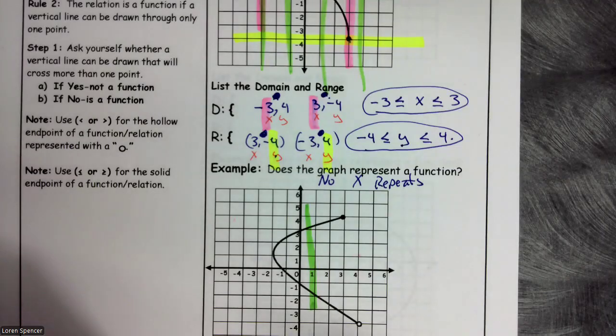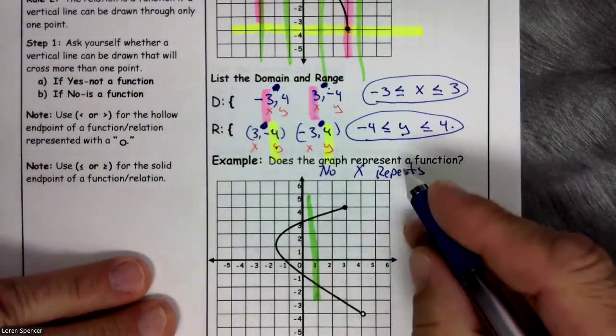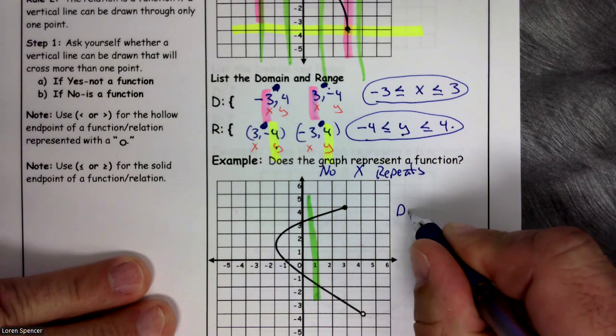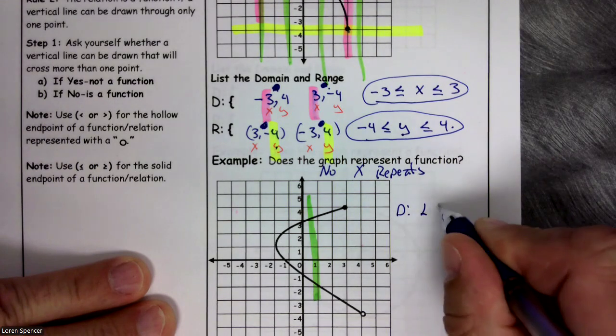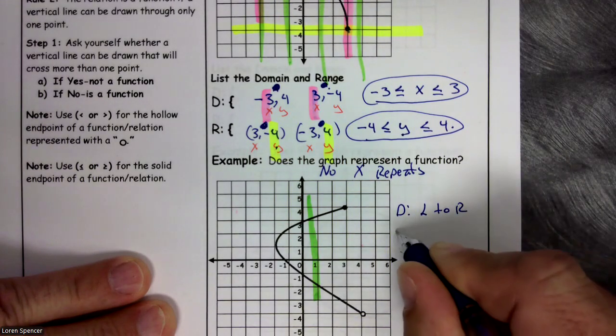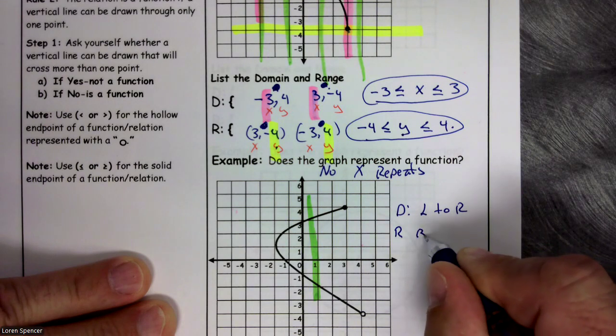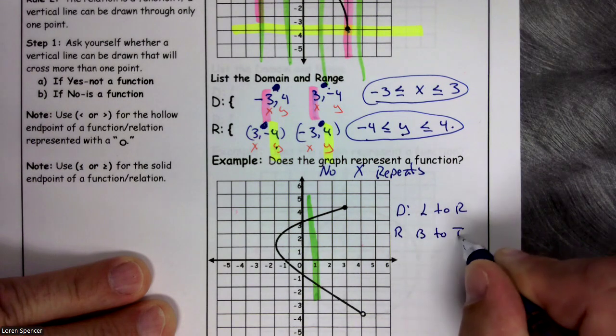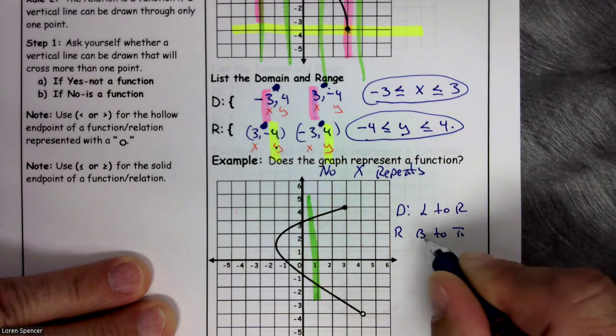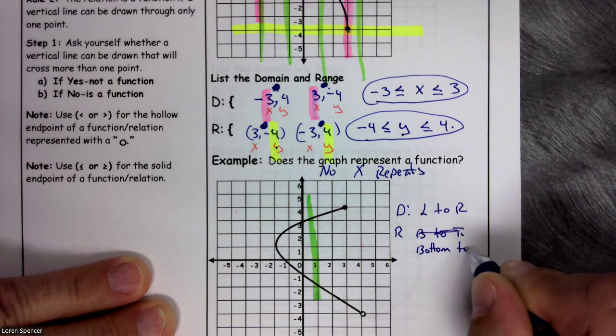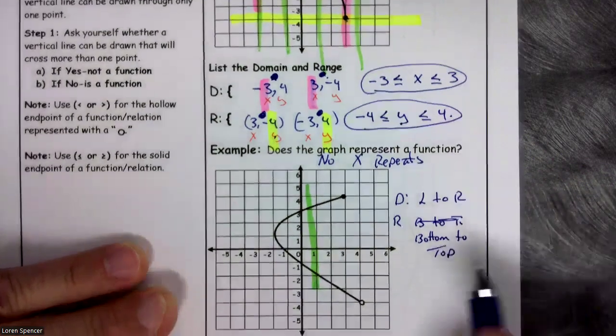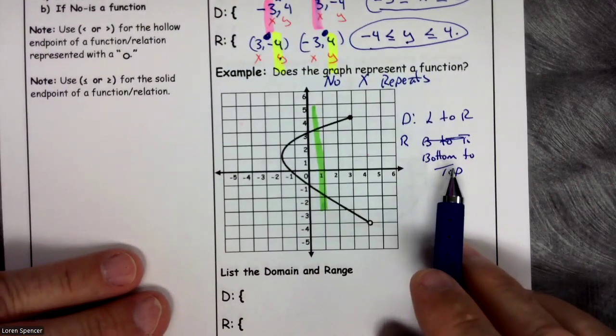All right, so domain. Remember, domain is left to right. Range is bottom to top. I'm going to write that out. Bottom to top. So let's do the domain first.